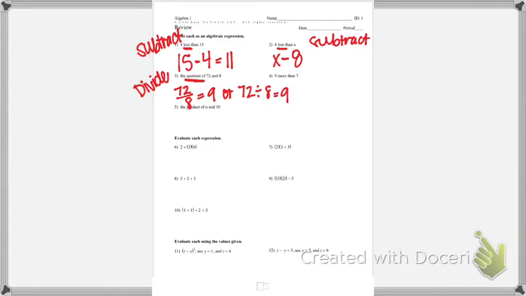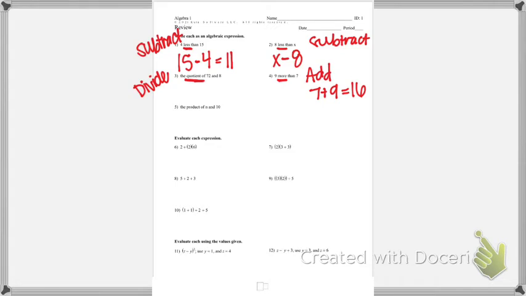All right, number 4, this time it says more. So we know anytime we see the word more, that means to add. So 9 more than 7 will be written as 7 plus 9 equals 16. All right, and then number 5, let me erase this right here where you can see it.